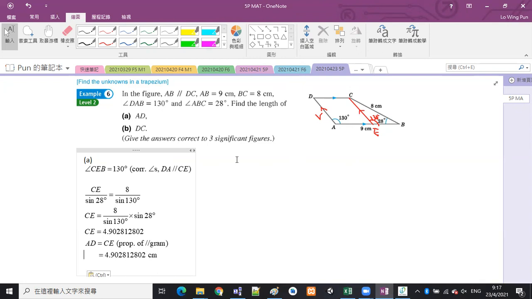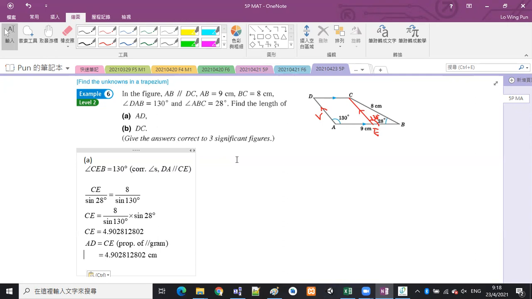Yes, we need to find angle C first, but what is angle C? Can we find? Yes, 180 degrees minus 130 degrees minus 28 degrees. Because we have angle 1, angle 2, then we can use angle sum of triangle to find angle 3.